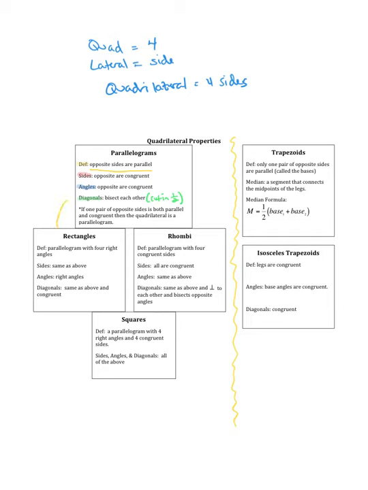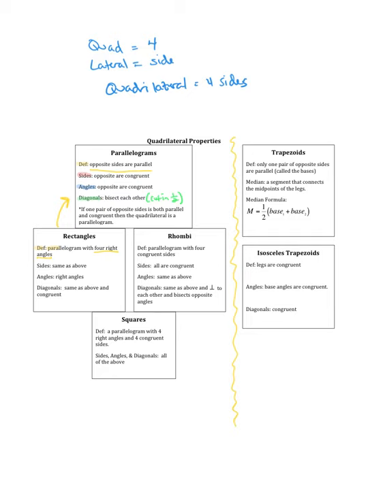All rectangles are parallelograms. Okay, let's do some highlighting. The definition is a parallelogram with 4 right angles. So it's not a different definition than a parallelogram, it is an additional requirement.